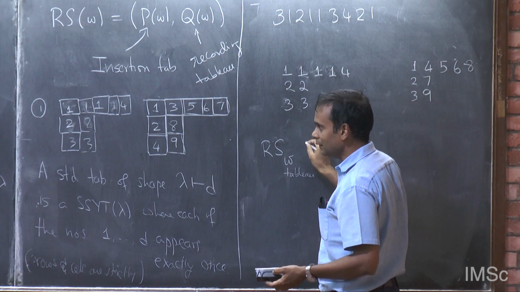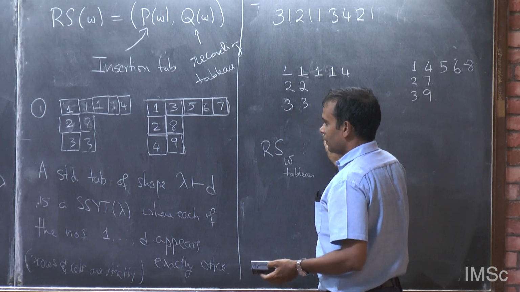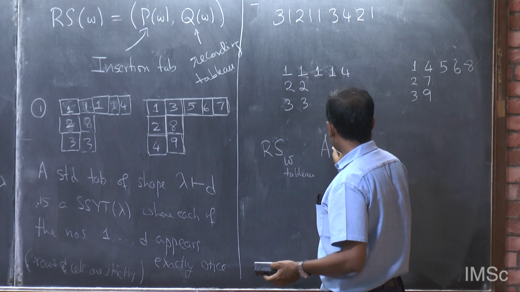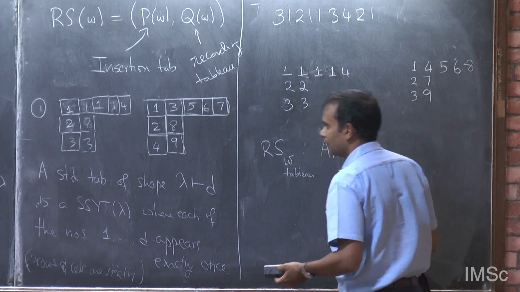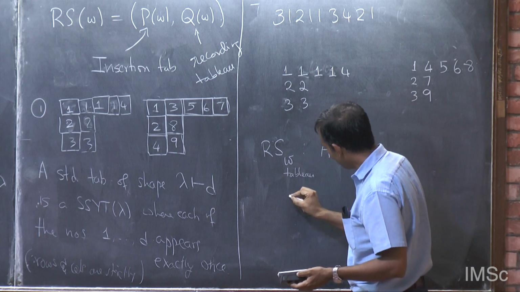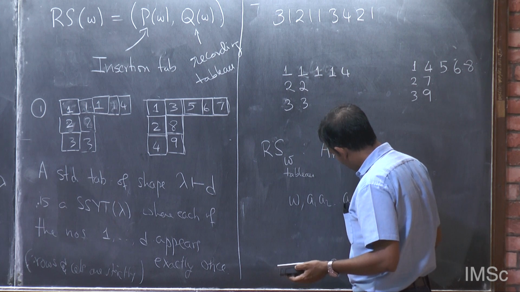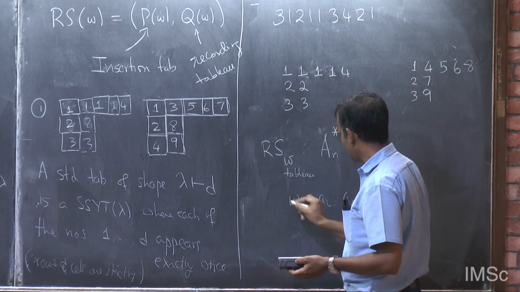And what it does is, it takes A_1 through A_n, a word, and it goes somewhere. So what does it do? You have W and you have A1, A2, up to AK, and where do you send it?